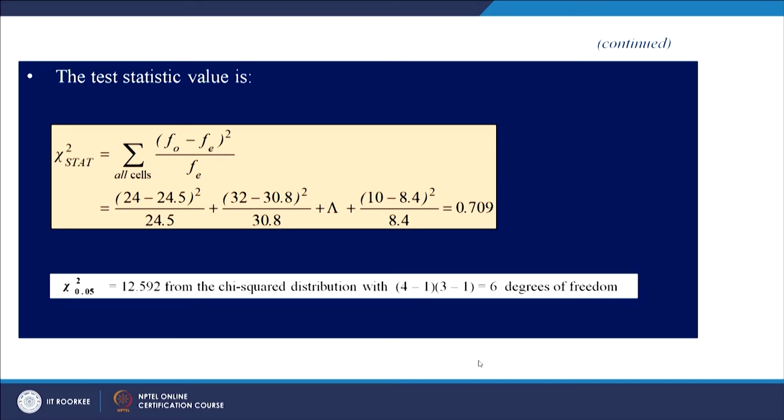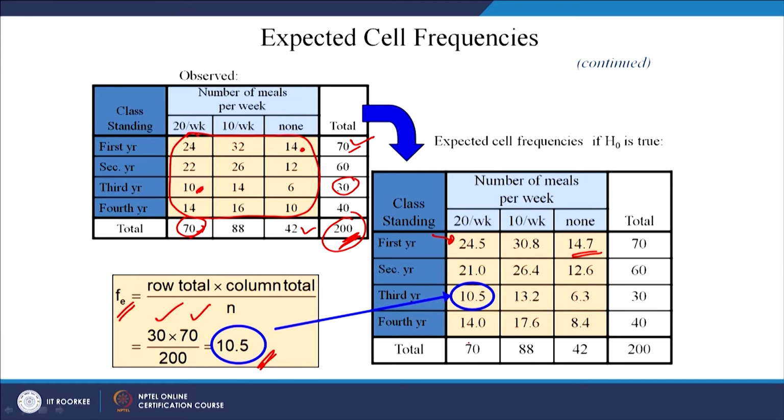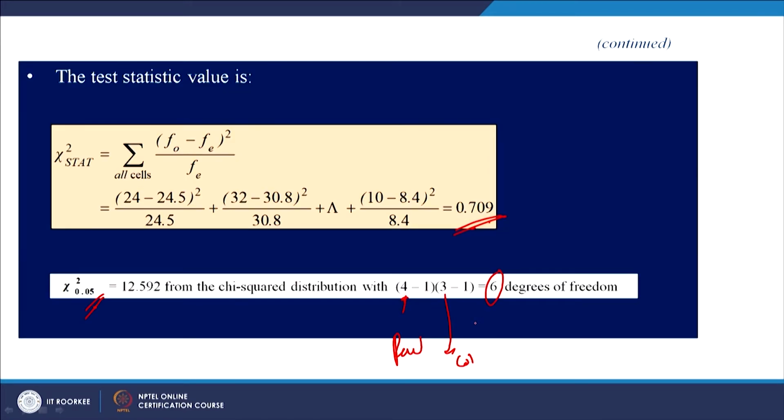When you solve this question by chi-square statistics, this comes out to be 0.709 and at alpha is equal to 0.05 and at 6 degrees of freedom, where r is number of rows and c is number of columns, right. Let us see how many rows and columns are there in this question. So, there are 4 rows 1, 2, 3, 4 and columns are 1, 2 and 3, right. So, row minus 1 into column minus 1 will be degrees of freedom.